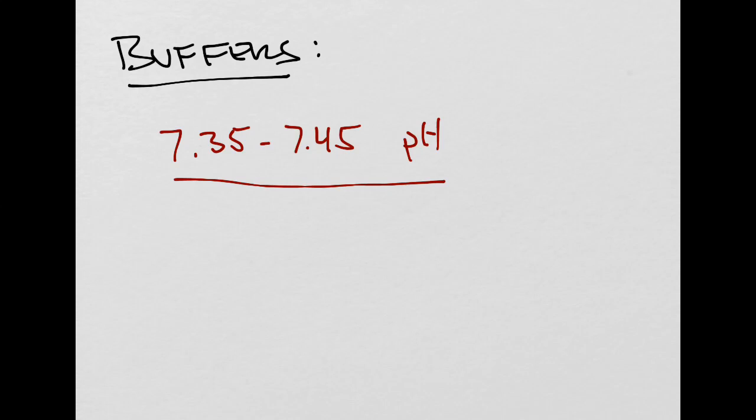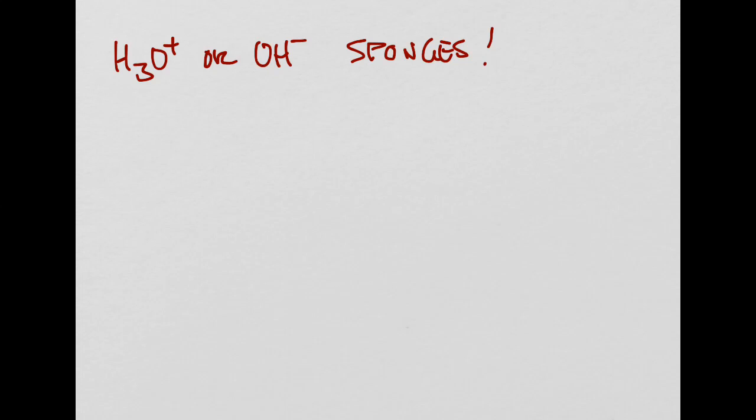So what this mixture is going to do is absorb any excess protons or hydronium or hydroxide ions so that you can maintain the pH within a specific level. So if buffer solutions are good at being hydronium and hydroxide sponges, we need to figure out exactly what these things consist of so that they can do this.